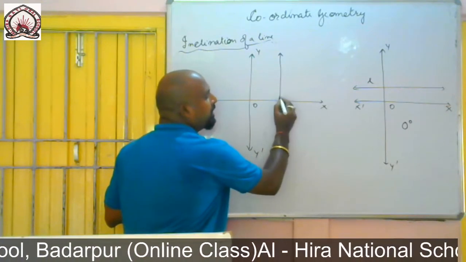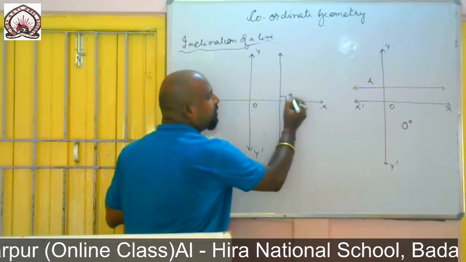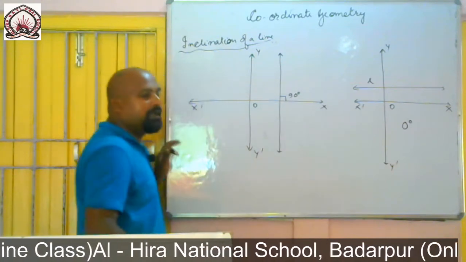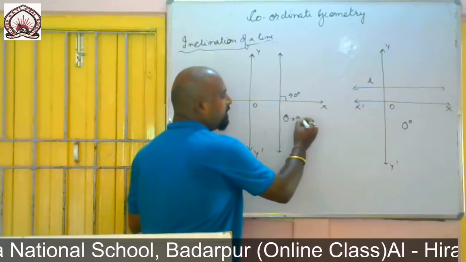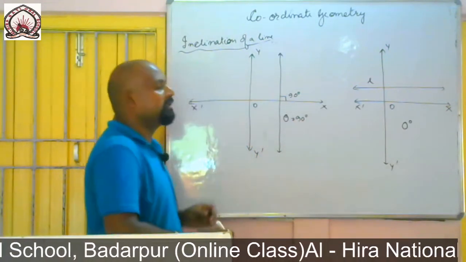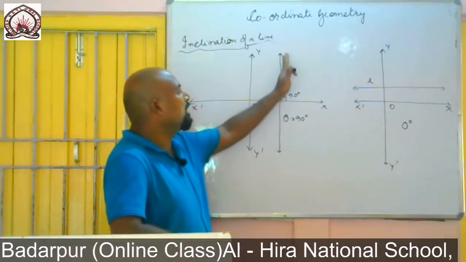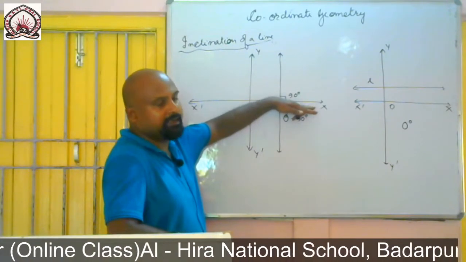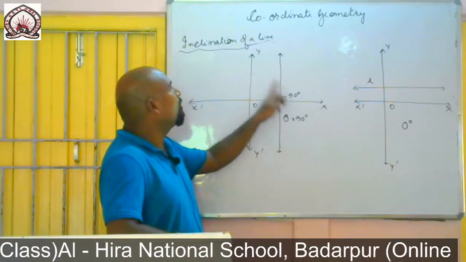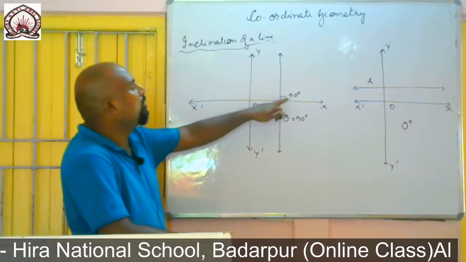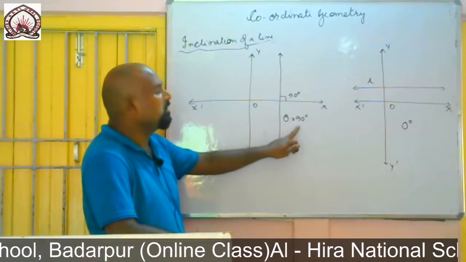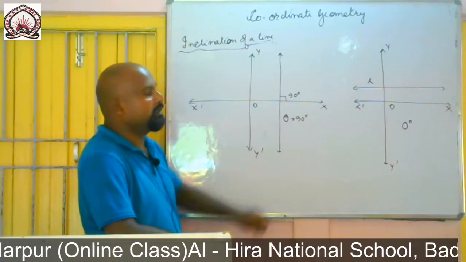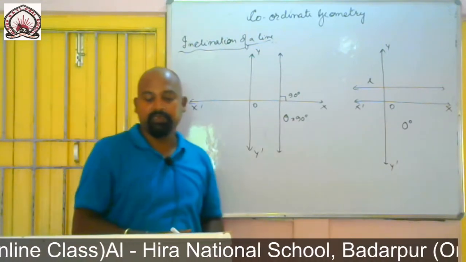This angle is 90 degree. So the angle theta is equal to 90 degree. This line is perpendicular to the x axis, so the inclination of this line is theta equal to 90 degree.